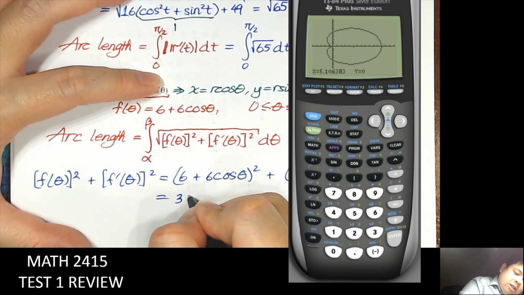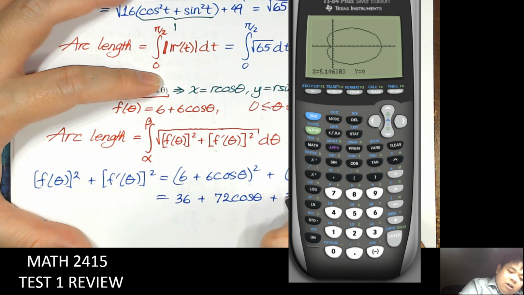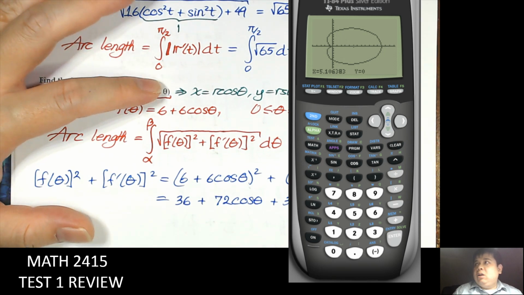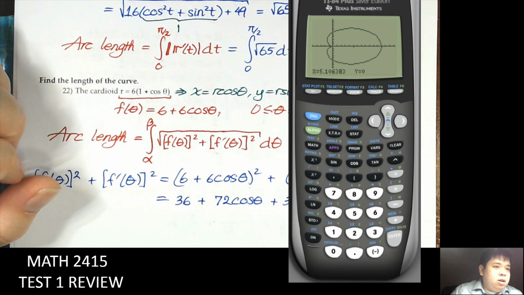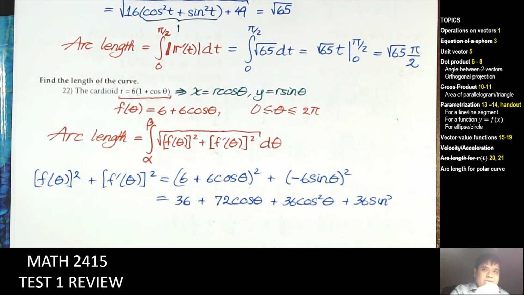So 36, and 6 times 6 times 2, that is 72 cosine theta, and 36 cosine squared theta. Here we have 36 sine squared again. I should put the calculator away.